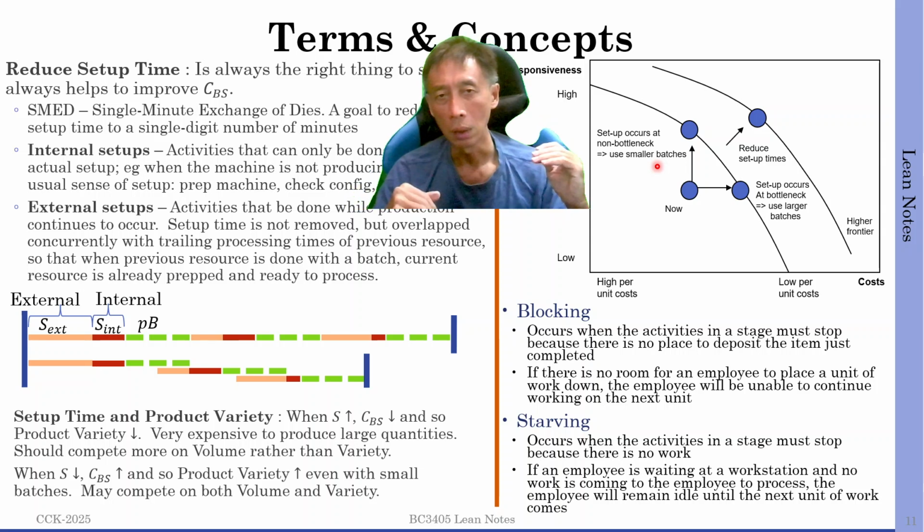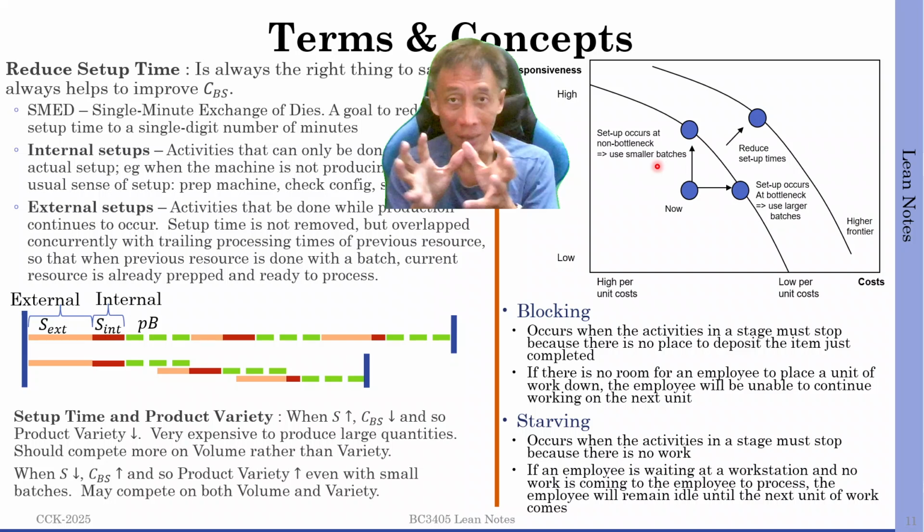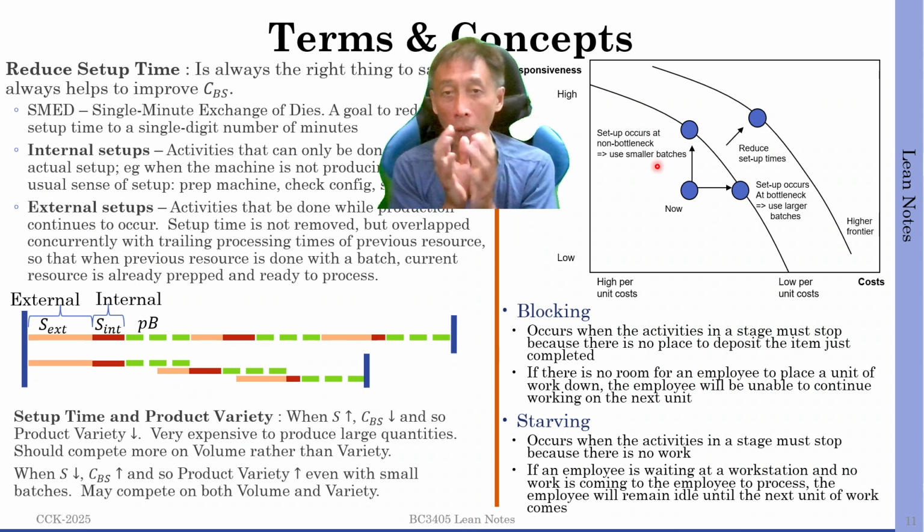So now the yardstick, the metric to measure performance, is more like the flow time. Remember that with bigger batches, all the flow units inside the batch cannot be released until the whole batch is done. So if you have a smaller batch size, then the flow time will be reduced, and that is good.